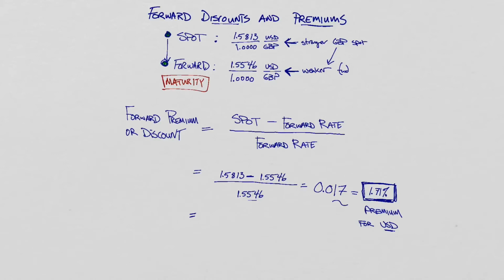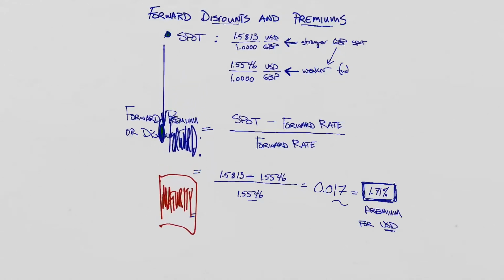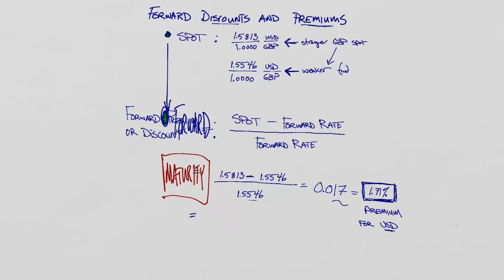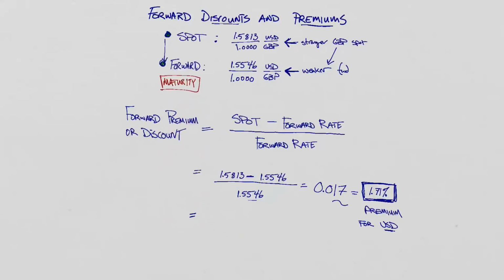So some forward rates are short-term in nature. They may have a short maturity and expire in a month. Others are long-term in nature, and they may expire a year or even 5 years out into the future. So maturity matters when we're talking about forward rates.